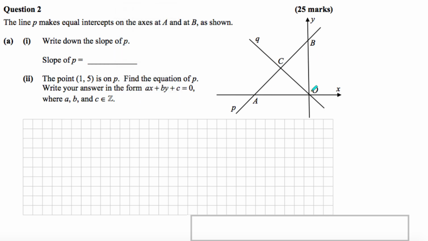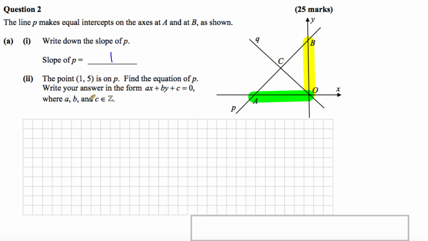So in other words, if this is the rise and this is the run, and they're the same, then the rise over the run will be the same number over the same number, whatever it is. So the slope will be 1.